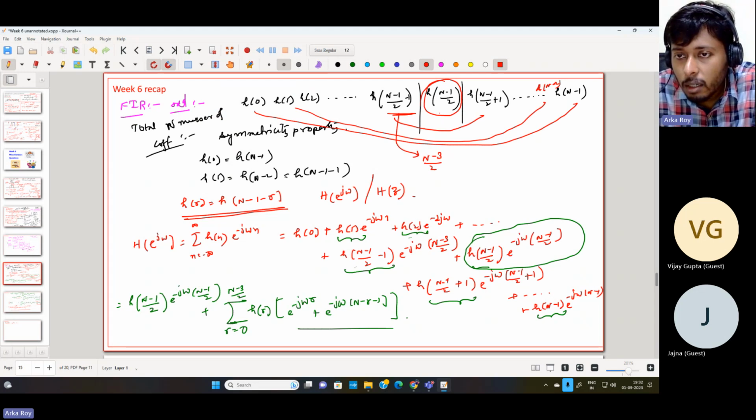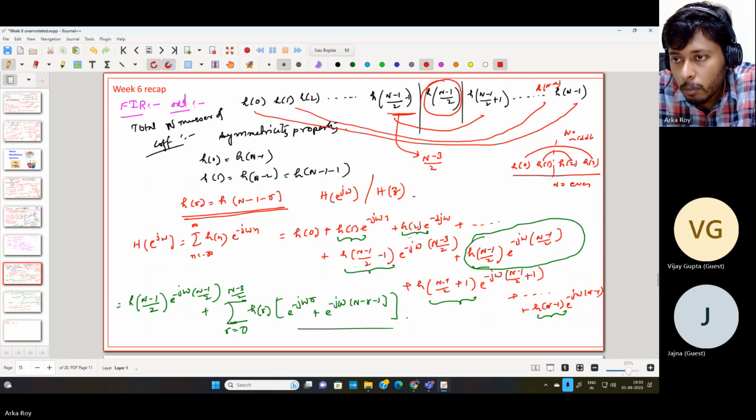In case of even, for example, 0, 1, 2, 3. So this is n equal to even. Here you can see h1, h2 could be equated, h0, h3 could be equated. So there is no middle component. So this is when n is equal to even.